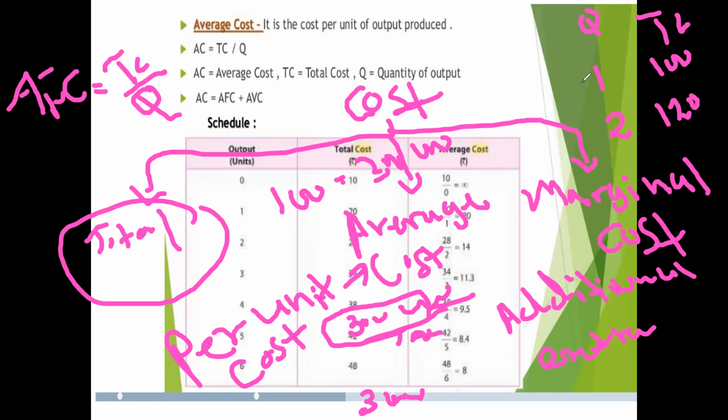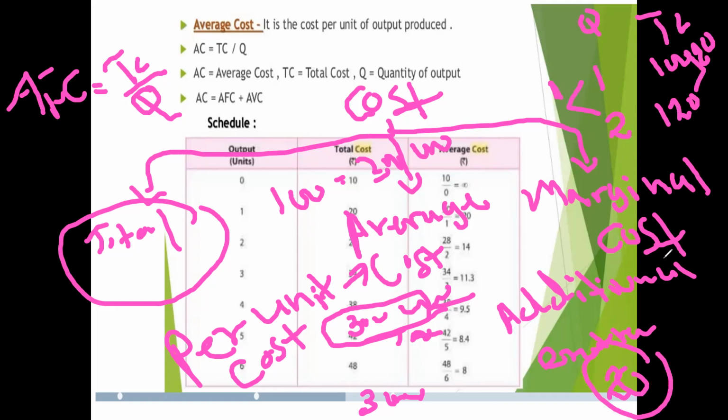So to produce an extra unit, from 1 to 2, how much do we have to incur additionally? Additionally, that means 20. Right? So as additional cost we have to incur 20. So that is the marginal cost, which we can identify as 20 units.